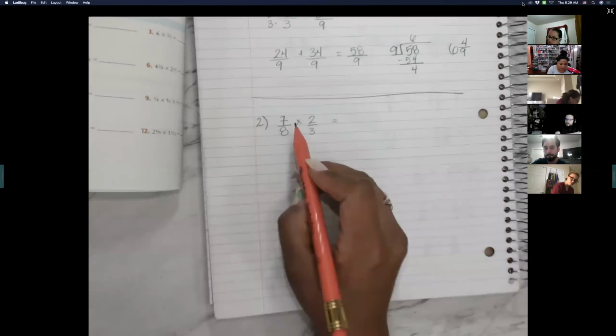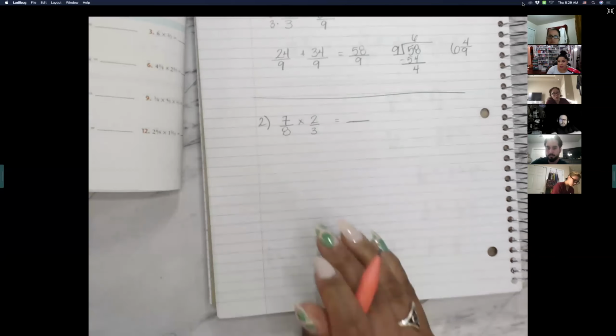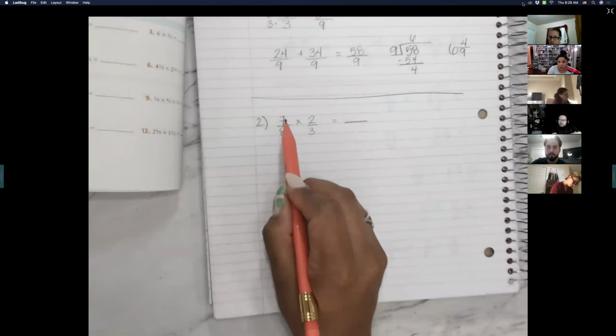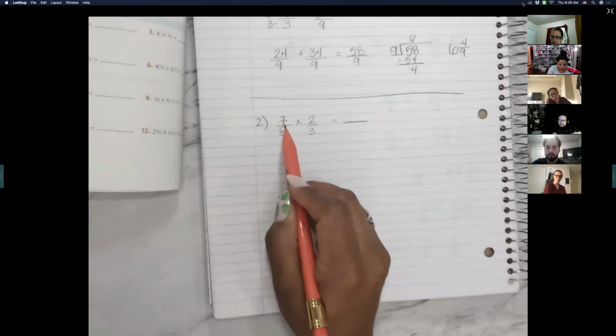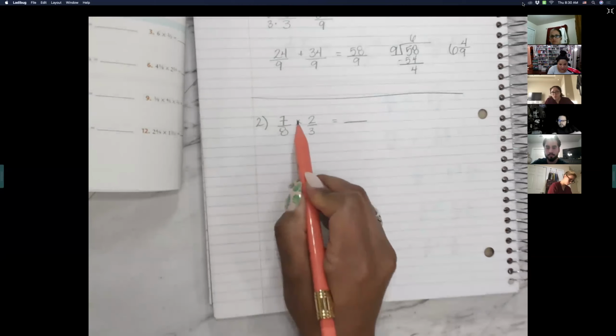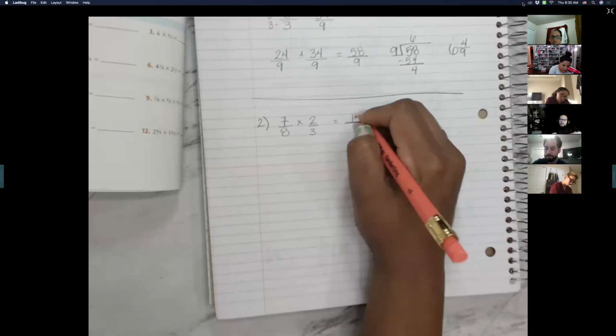I simply keep my numerator and my denominator separate, okay? So I multiply only what is in the numerator. I'm only going to multiply 7 times the 2 in the numerator, and that gives me my new numerator, which is 14.